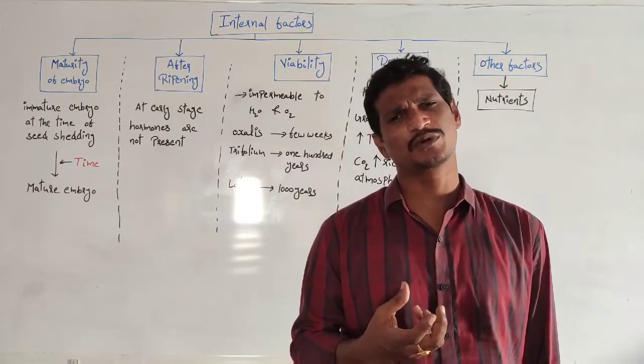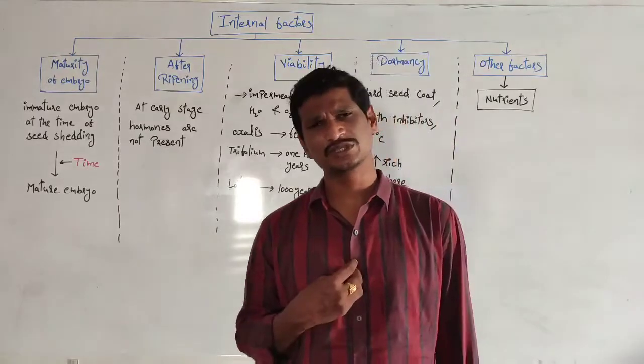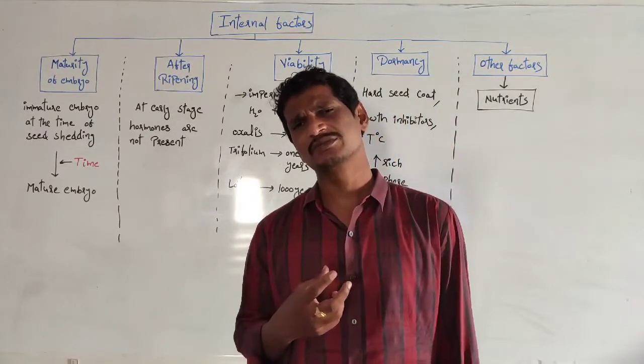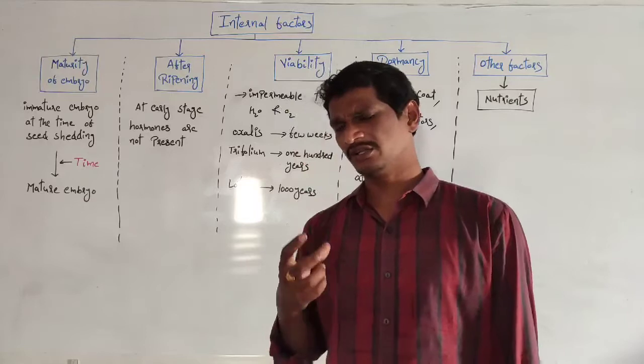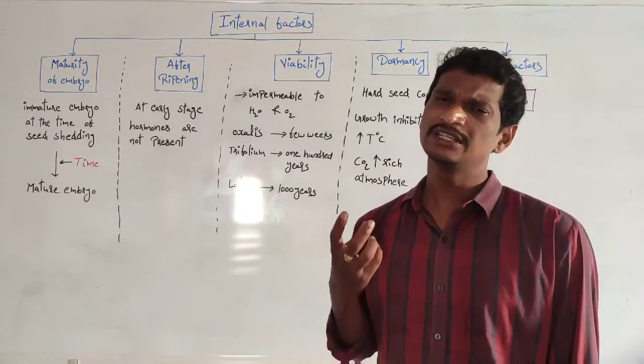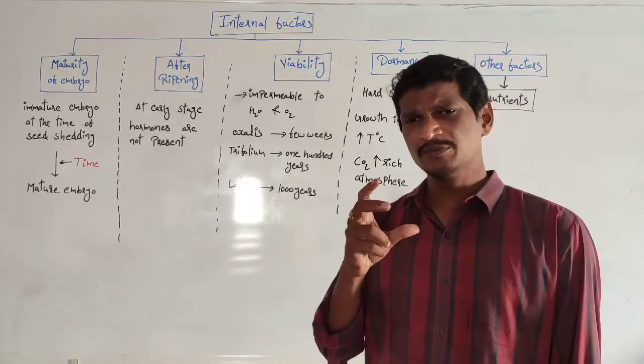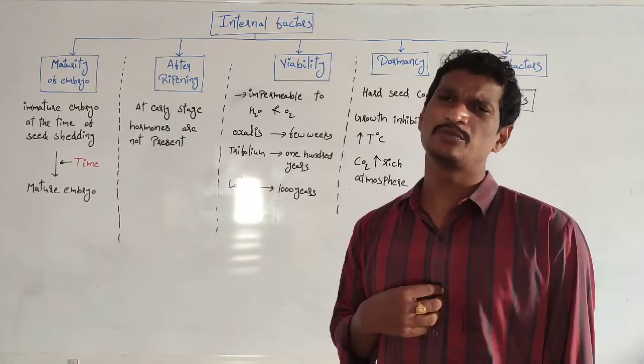The immature embryos are modified into mature embryos by the cell division process. Once the mature embryos are formed, those embryos are ready to germinate. So the embryo condition is also very important here.